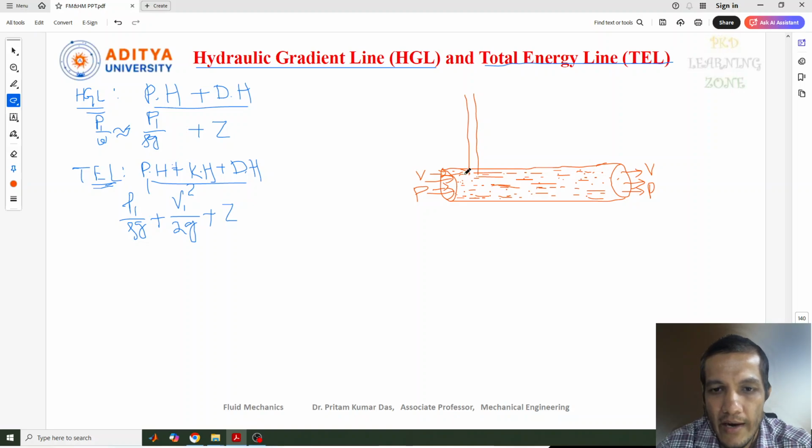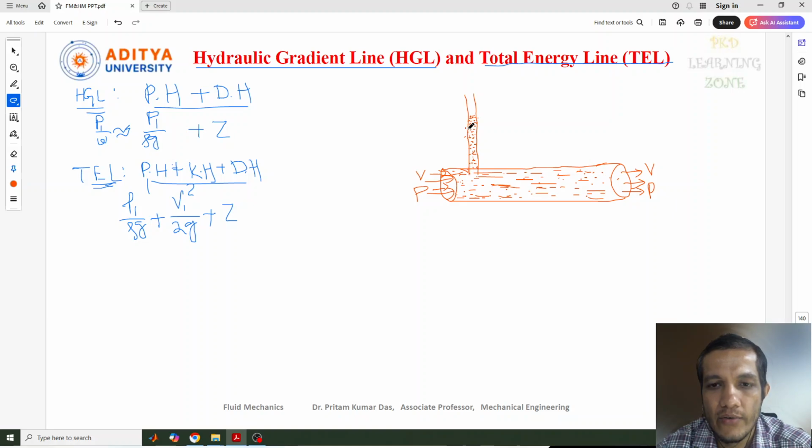When you insert this tube inside the pipe where the fluid is flowing, you can see there is a rise of liquid in the tube. This rise of liquid is actually called the pressure head.